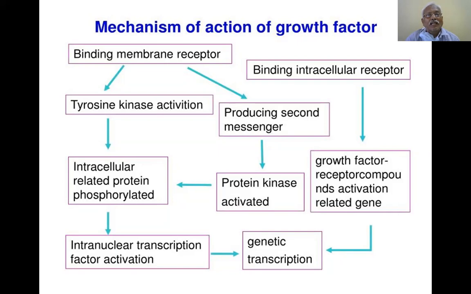On the other side, it will go on to produce a second messenger, and the second messenger will activate the protein kinase, then intracellular related protein phosphorylation, which will lead to intranuclear transcription factor activation, and ultimately genetic transcription. And binding an intracellular receptor will lead to growth factor receptor complex activation of related genes, and that will go to genetic transcription. So these are all the mechanisms of activation of growth factors.